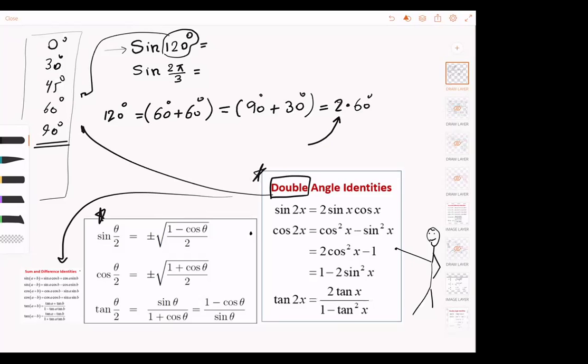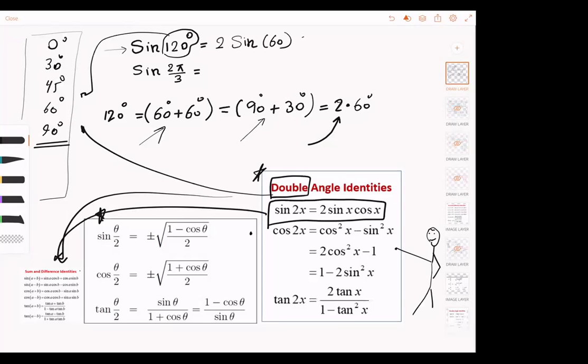So we have a new set of formulas because double angle makes our life easier. Correct? We don't need to do this one or that one. All of them we get the same answer. But we saw 2 times 60 is a double angle, so sine of a double angle is much simpler than this guy. So it will be 2 sine of 60 cosine of 60.